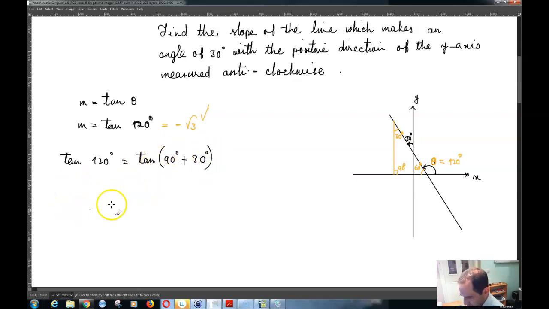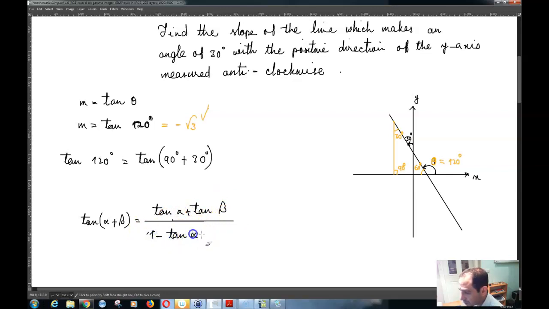And then you could use the formula, for example, tan of alpha plus beta is equal to tan alpha plus tan beta over 1 minus tan alpha tan beta.